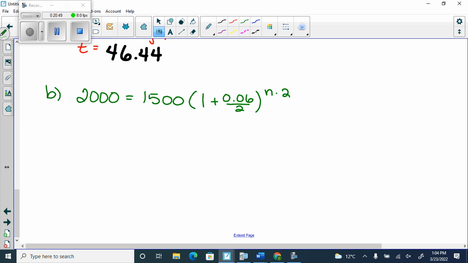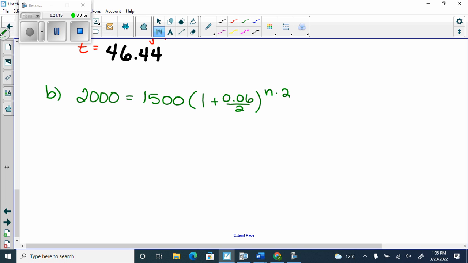What formula is this? Compound interest formula. You're going to tell me what this stuff represents. What's the 2,000 in the compound interest formula? The final. What I walk into the bank with? 1,500. What's this 1 represent? 100. It's just part of the formula, right? It's 100% in decimal form.